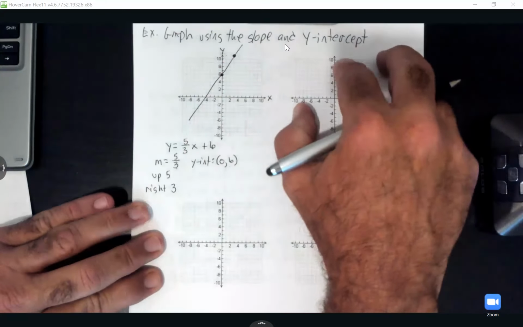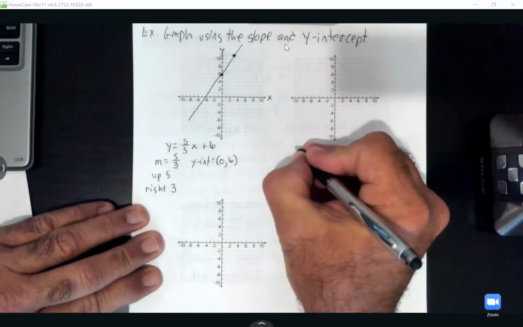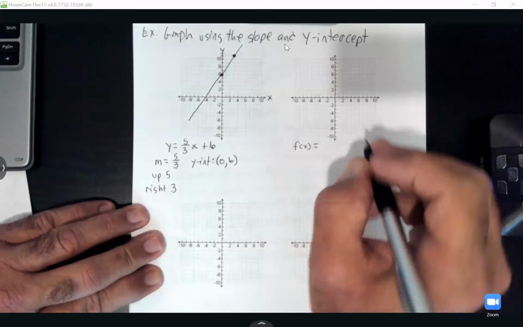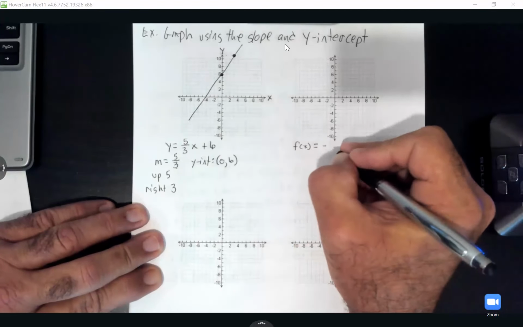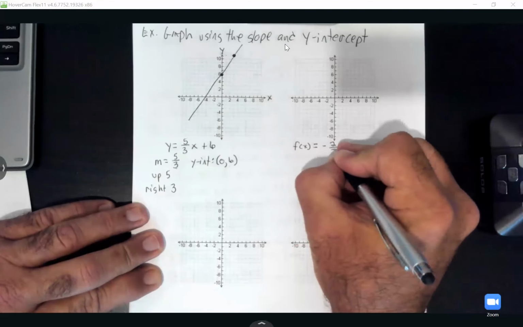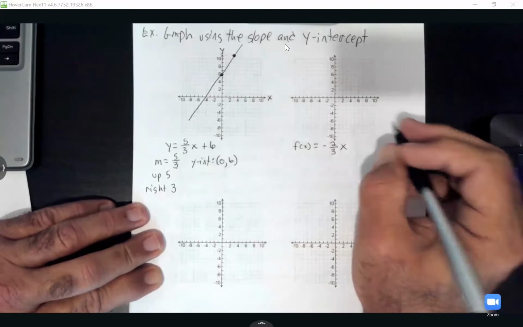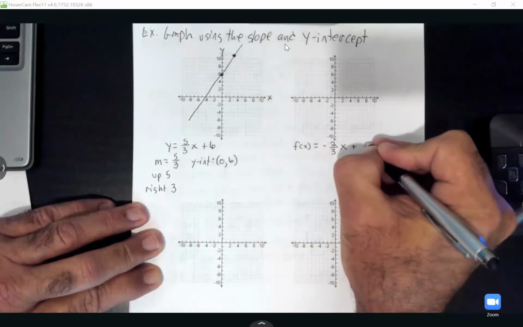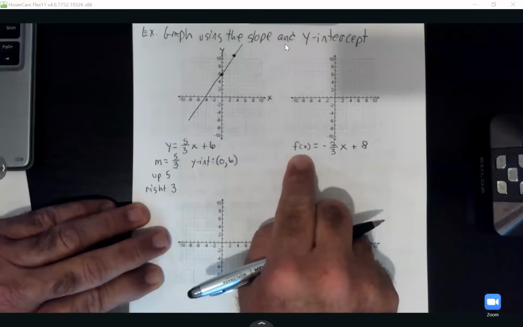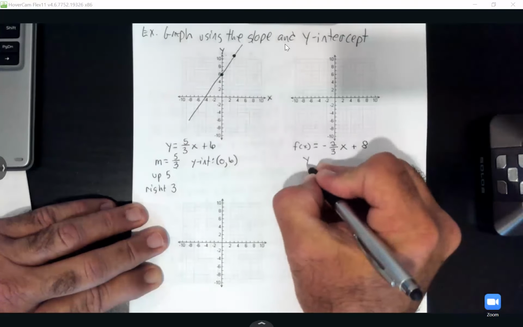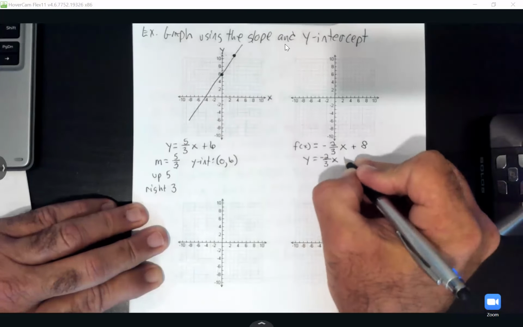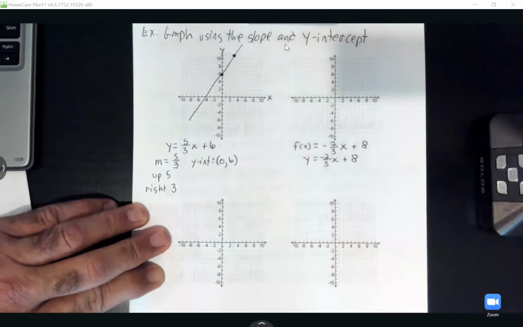All righty, y'all, on this next one here, they got f of x equals negative 2/3 x plus 8. And y'all remember, although they got an f of x there, that's really y equals negative 2/3 x plus 8.